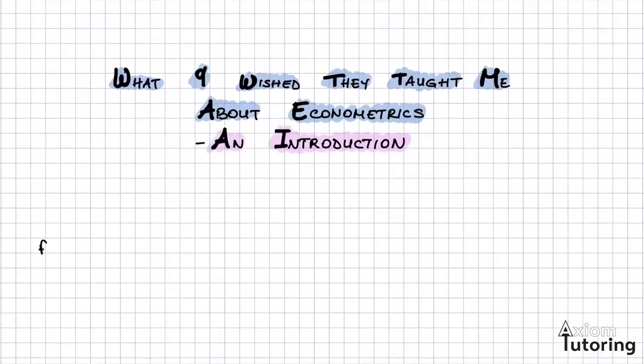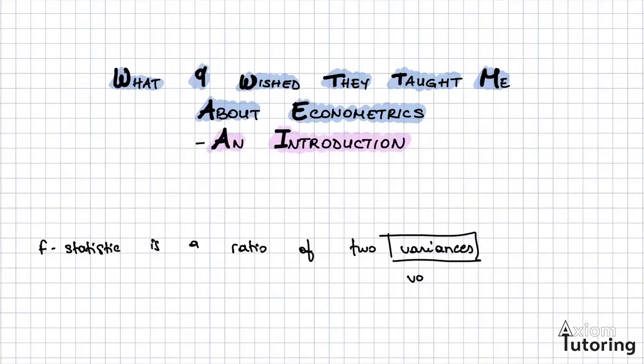The F statistic is a ratio of two variances. And as you know, the variance of any x is greater than or equal to 0, okay? Which means that the F statistic itself is always going to be greater than or equal to 0.